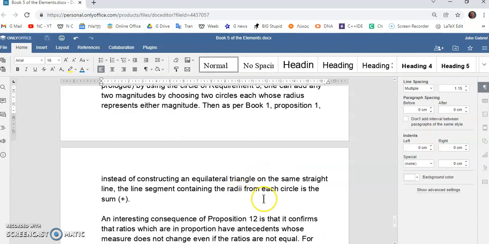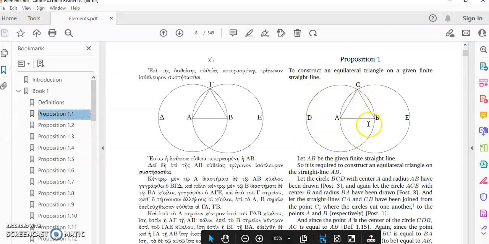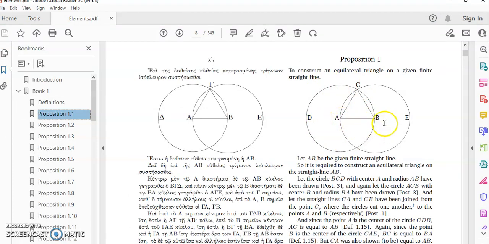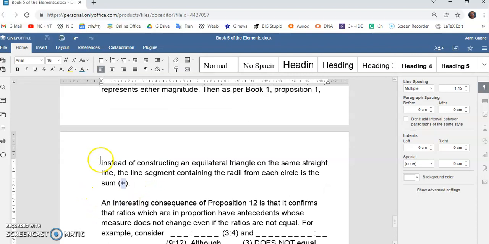And then, as per book 1, proposition 1, instead of constructing this equilateral triangle, you can let the one magnitude be a radius of the one circle and the other be a radius of the other circle, and simply construct the two circles in such a way that the sum of their radii gives you the operation of addition. Okay, in other words, you're adding the two line segments.